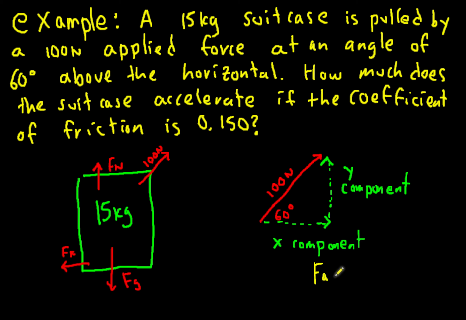We'll call the x component F applied x, or FAX, which is 100 cos 60 because the x is adjacent to the 60. FAY is 100 sin 60 because y is opposite to 60.